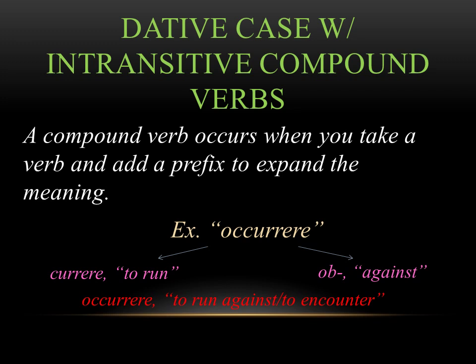You've taken the prefix ob and stuck it in the front of currere. Now, if you're looking at it and wondering why the ob turns to an oc, there is a grammatical reason for this. Don't worry too much about it, but usually when you have a b coming up against a c like that, instead of saying ob currere, the b will morph into a c. It just sounds better in Latin. And again, if you break it apart, you get the meaning, to run against or to encounter.